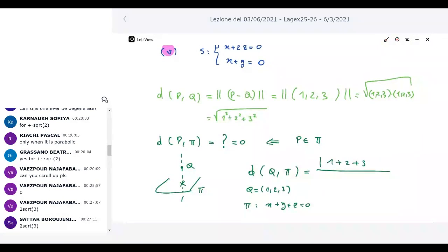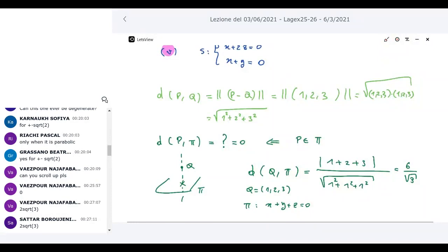And then we take the absolute value, and then we have to divide by the magnitude of the normal vector, so the square root of 1 square plus 1 square plus 1 square. So we get 6 over square root of 3, which you can write actually as square root of 3 times 2. That's fine. Okay, so this is kind of straightforward.